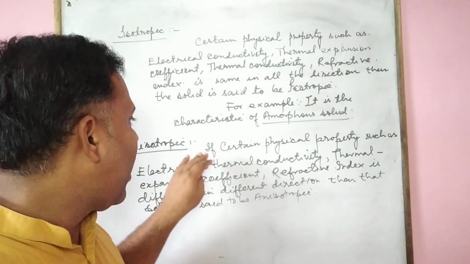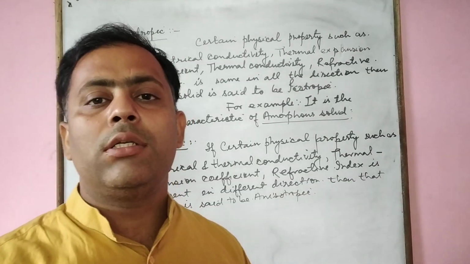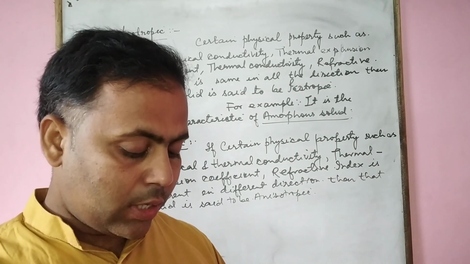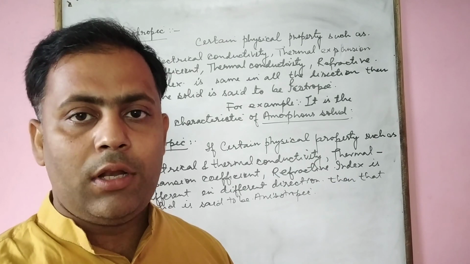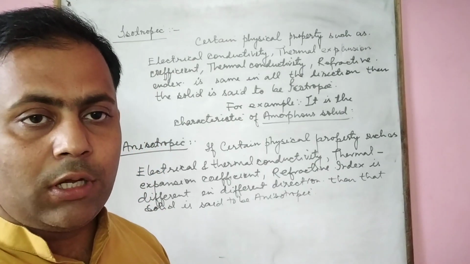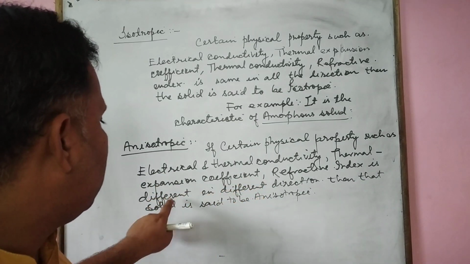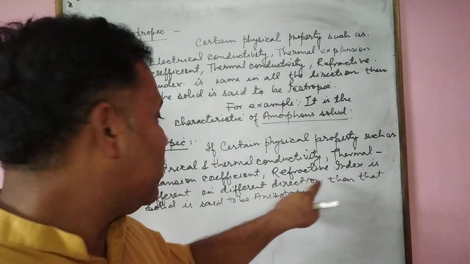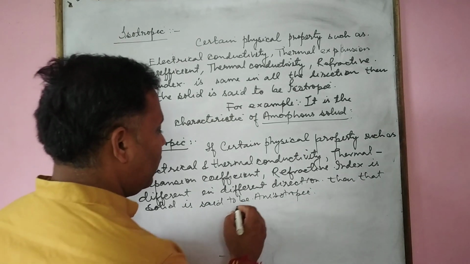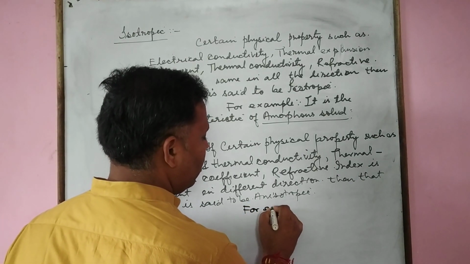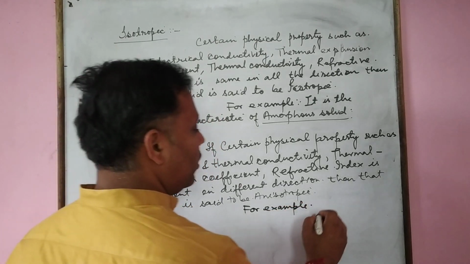What we got? In anisotropic solids, the certain physical property such as electrical conductivity, thermal conductivity, refractive index, thermal expansion coefficient, it is different in different direction, then that solid is said to be anisotropic.